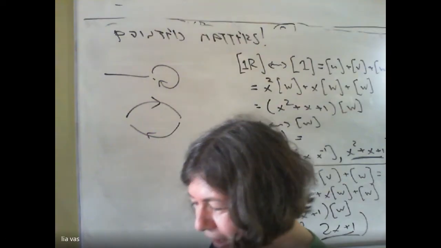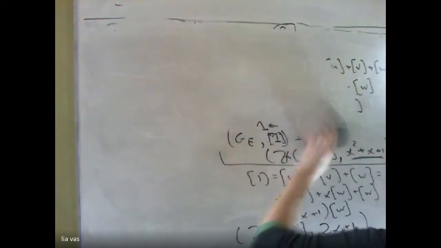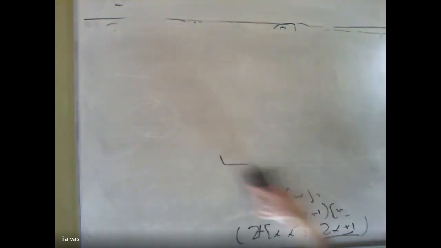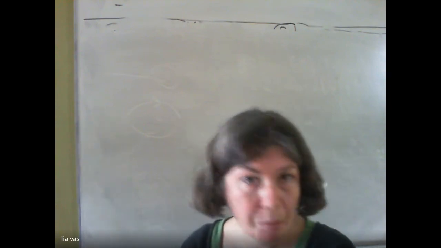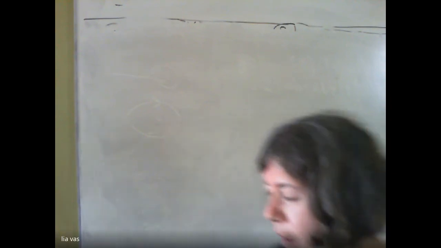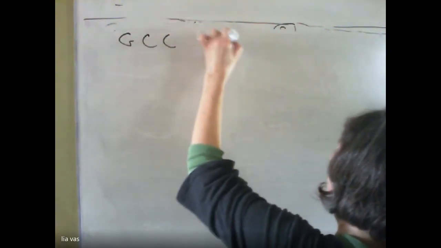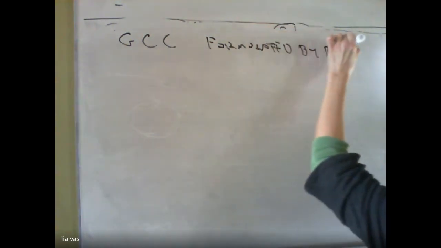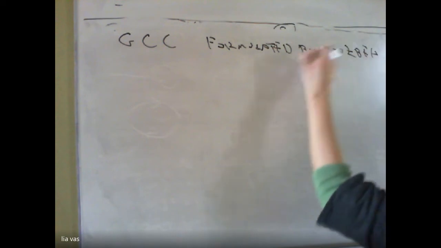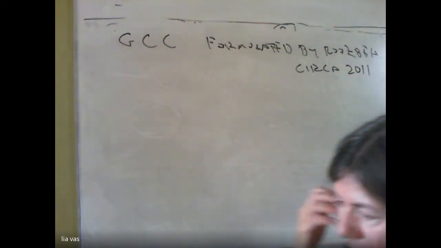So this conjecture was formulated in around 2011, I believe, in a paper by Roozbeh Hazrat, your speaker next week. If you want the exact paper, I have the reference in my notes. So the Graded Classification Conjecture was formulated in 2011, I believe.